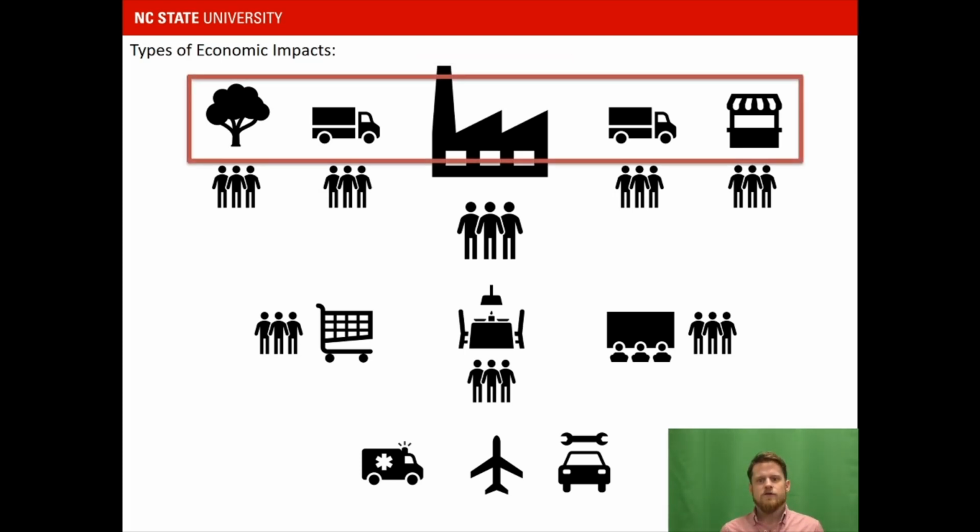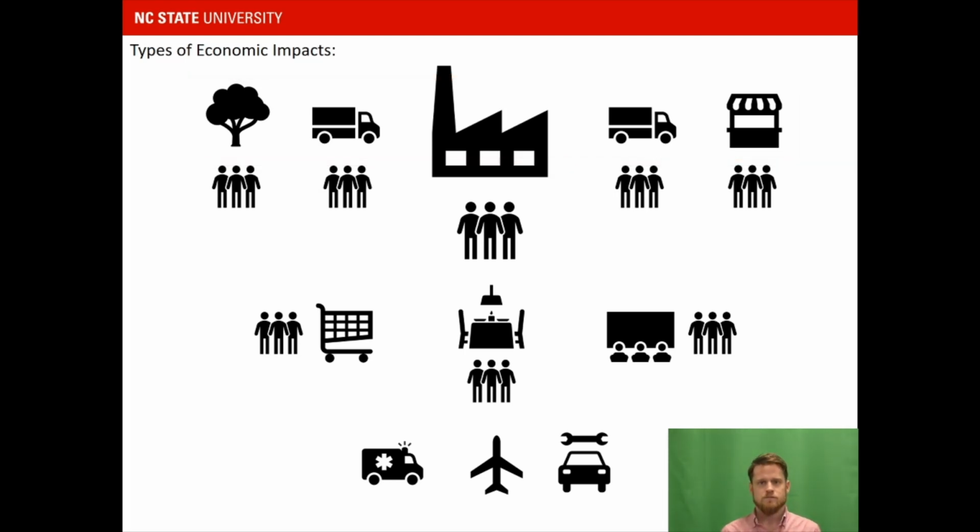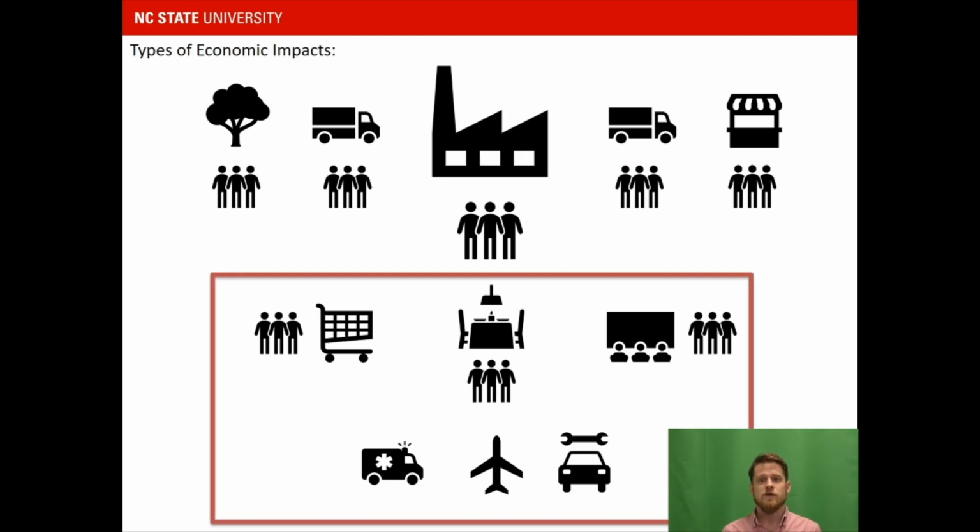But when we consider the entire supply chain and we talk about employment and revenue and output throughout the whole supply chain, those are indirect economic impacts. And lastly, when we think about all the different goods and services that are being bought because the employees at the sawmill and throughout the supply chain are spending their wages, those are the separate induced economic impacts.